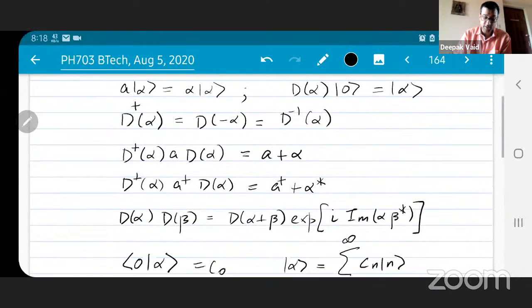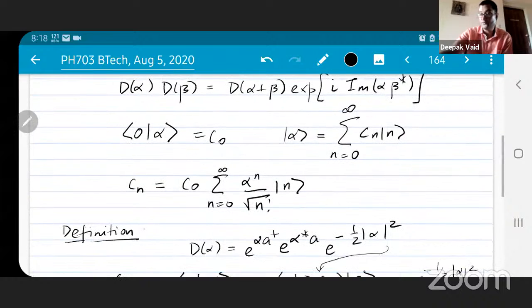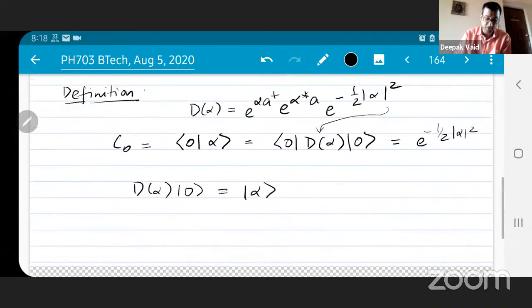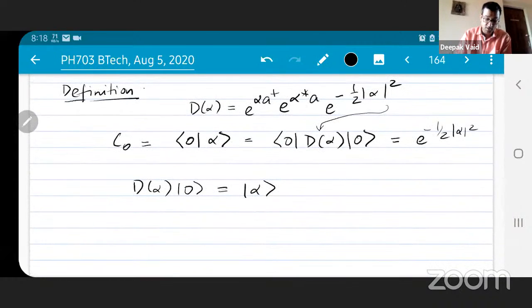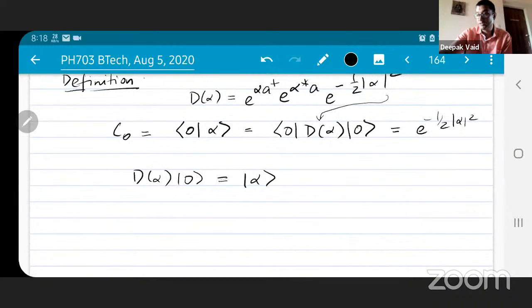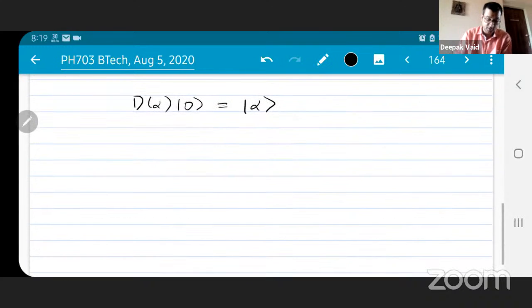So d alpha is equal to, so one can check directly from the definition. So let's see. So first, let us evaluate these. Let us work out these properties one by one. Okay, so we want to work this out first.